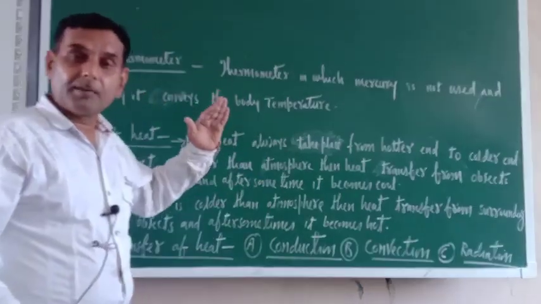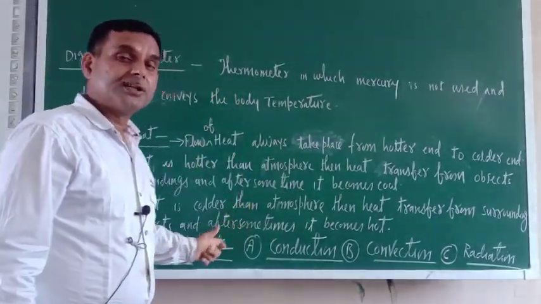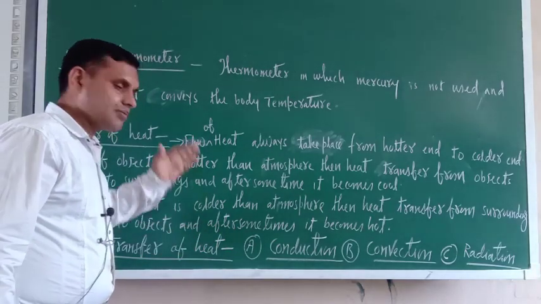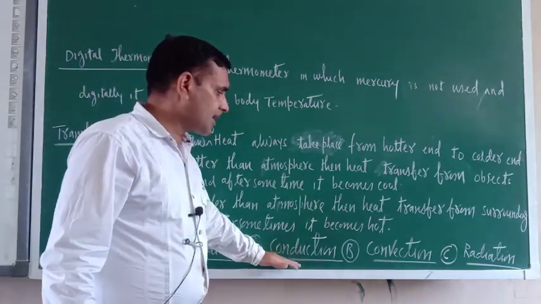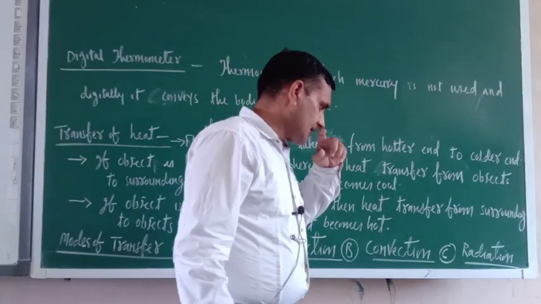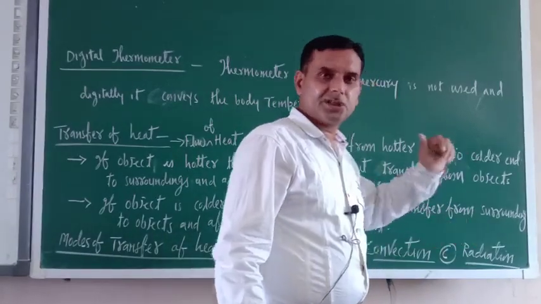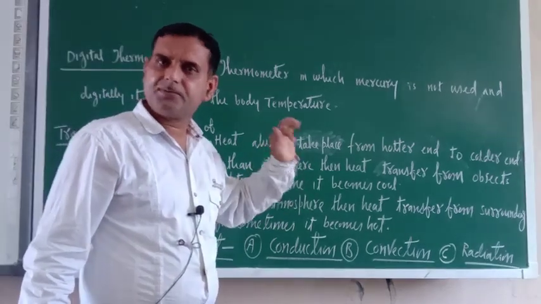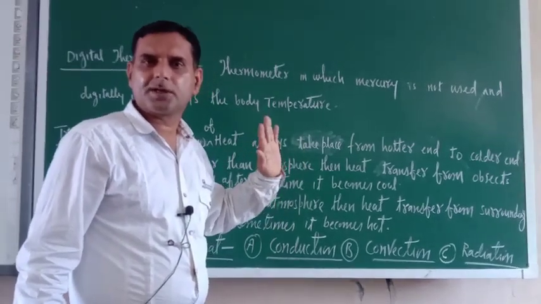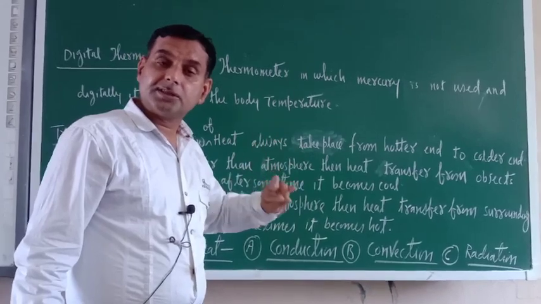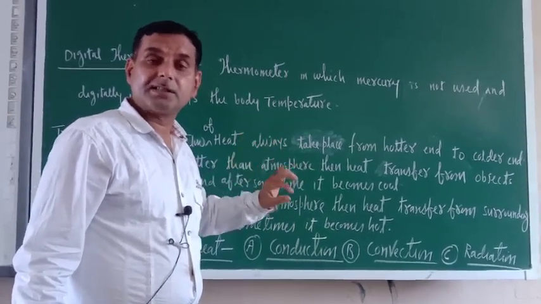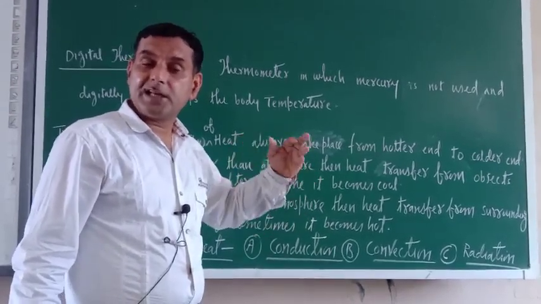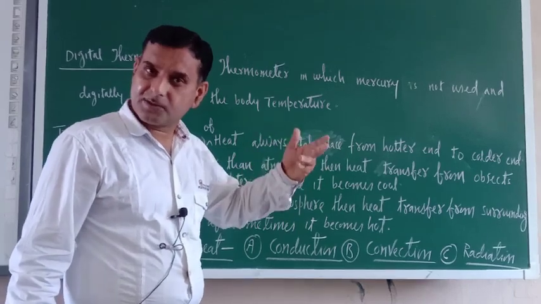Okay, so one by one we will discuss. There are three modes of transfer of heat. One mode is conduction, another mode is convection, and the third mode is radiation. All three are methods of transfer of heat only, there is no doubt about it. But these modes vary according to the physical state of the substance.